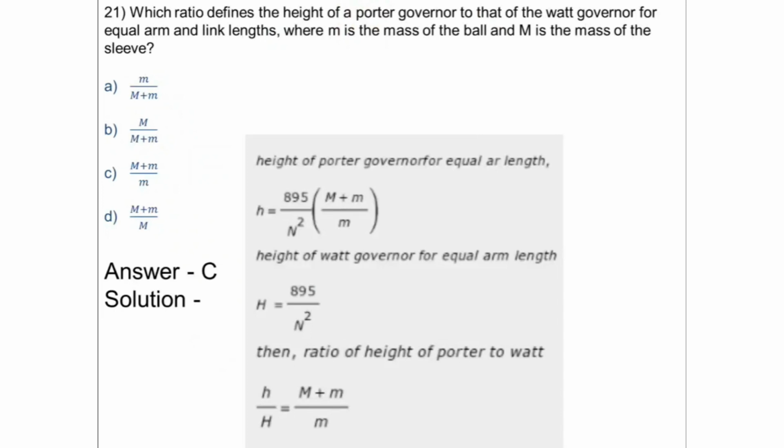So question number 21 is basically from the governors. So let's see what the question is. Which ratio defines the height of a Porter governor to that of the Watt governor for equal arm and link lengths, where m is the mass of the ball and capital M is the mass of the sleeve, and 4 options are given.